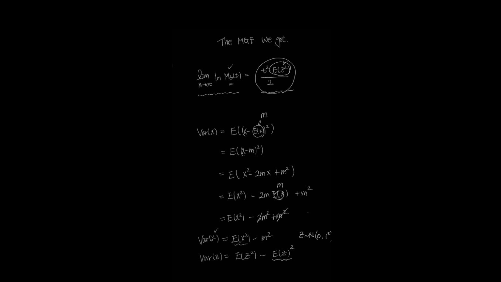The mean term is 0, so it disappears. The variance of Z is the square of the standard deviation, 1 squared, which is just 1. So the expectation of Z squared equals 1, which is the thing we need here.